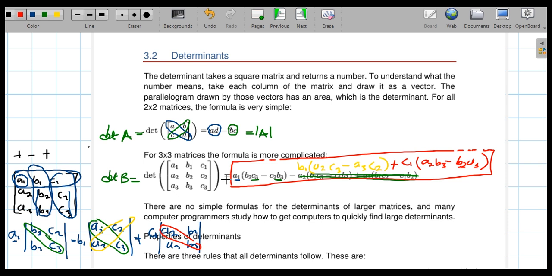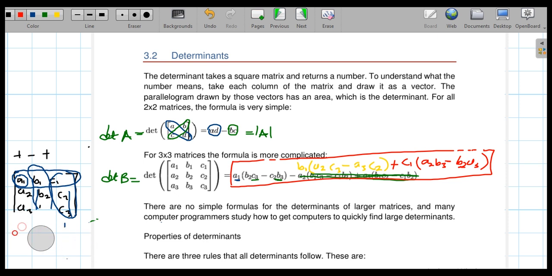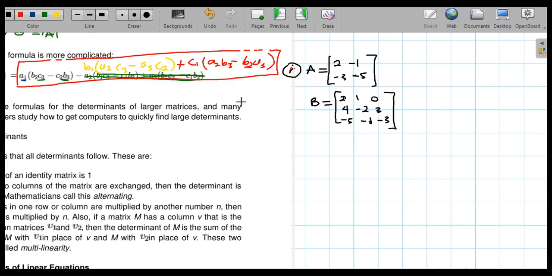We are going to do one or two examples, and you are going to see how it's being applied. So let's solve this example. We have matrix A equal to this. The determinant of A is going to be 2 times minus 5, which is minus 10.